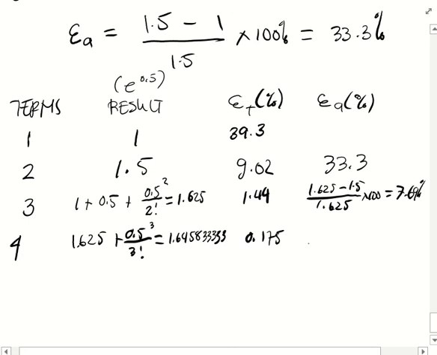So the approximate error will be 1.645833333 minus the previous approximation, which is 1.625, divided by 1.645833333 times 100, and this will be equal to 1.27%.